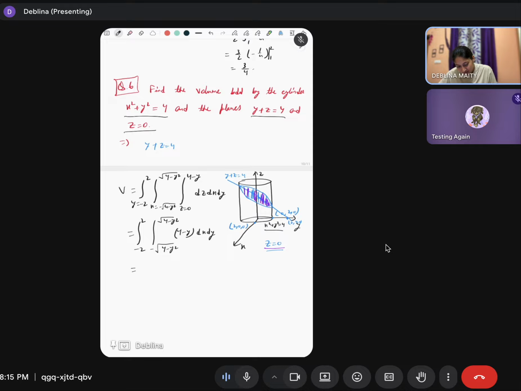Since there is no x, it will be 0 to 2 into 0 to... and since there is no x, it is 4 minus y into root over 4 minus y square, right?